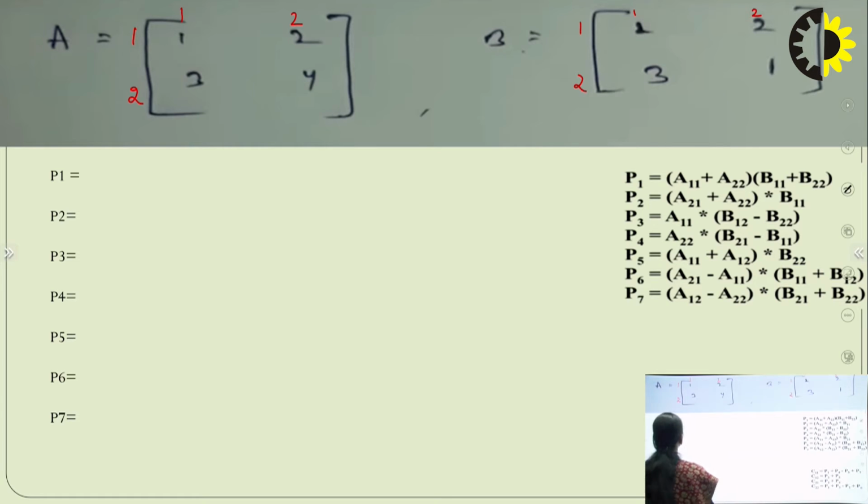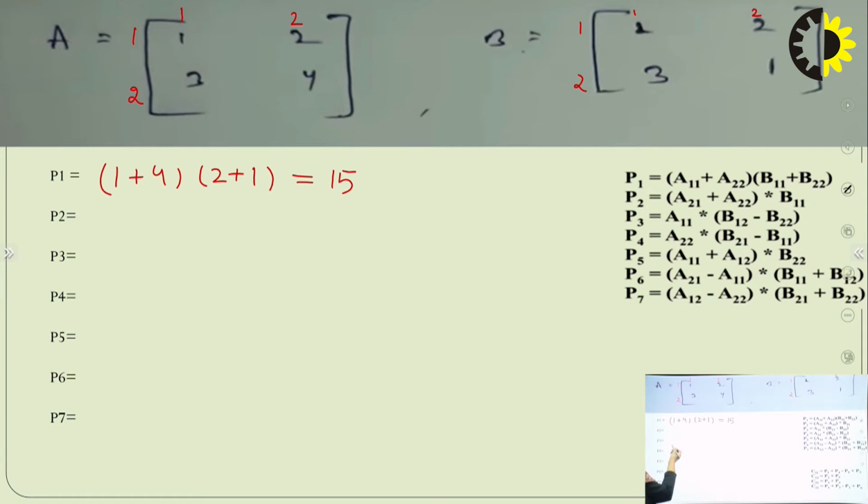The value of A11 is 1 plus A22, the value of A22 is 4. Now multiply by B11, the value of B11 is 2, plus the value of B22 which is 1. After the calculation, 1 plus 4 is 5 and 2 plus 1 is 3. Then 5 into 3 becomes 15. So the value of P1 is 15.